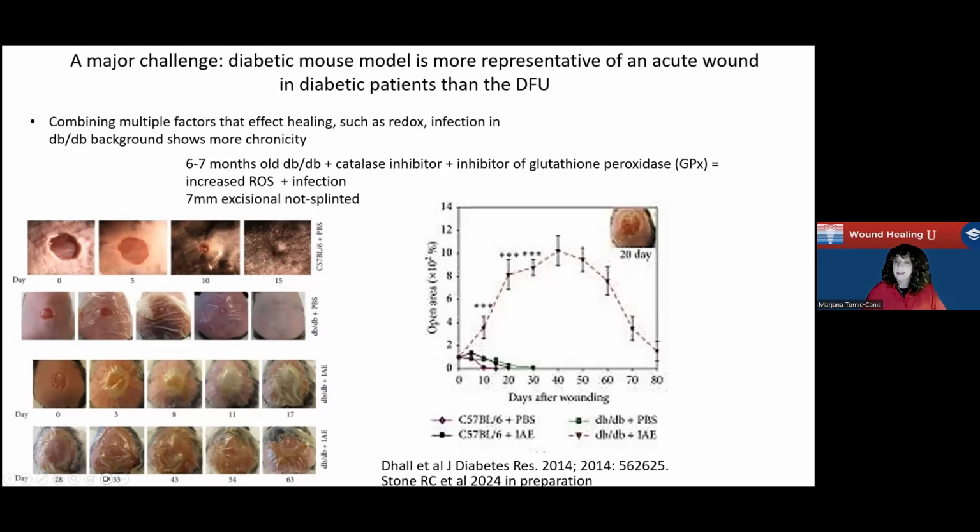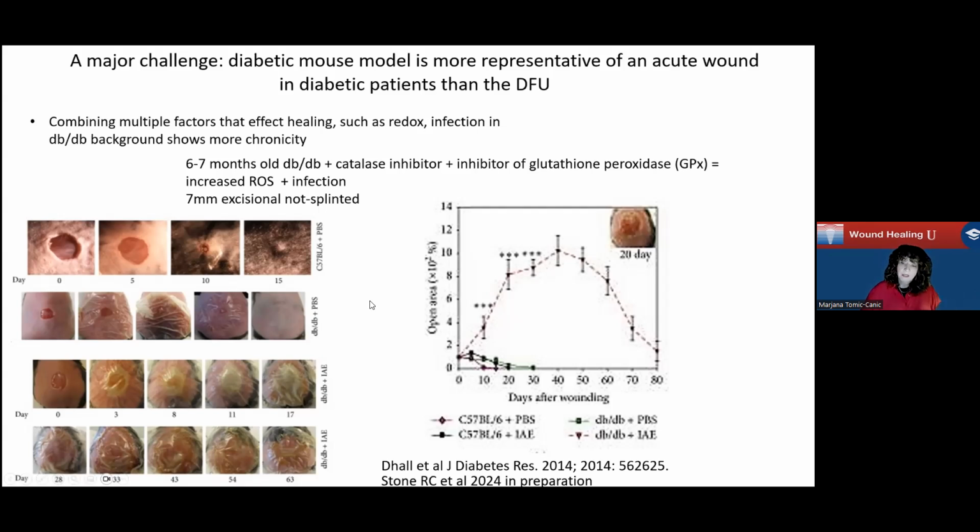This is a model described by Manuela Martins-Green and her laboratory, where you use an older diabetic mouse and then manipulate it in different ways, leading to increased reactive oxygen species, combining it with infection, and that will induce chronicity in the mouse compared to just a regular diabetic mouse that has a slight delay in wound healing compared to the wild type.